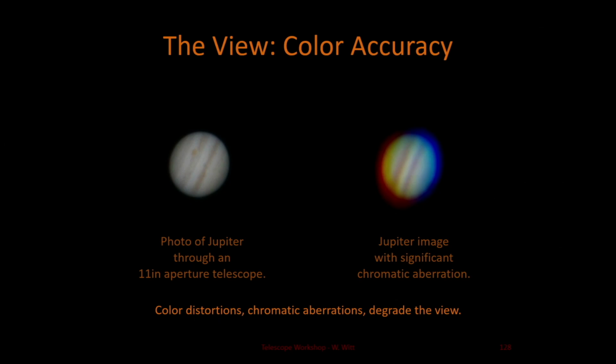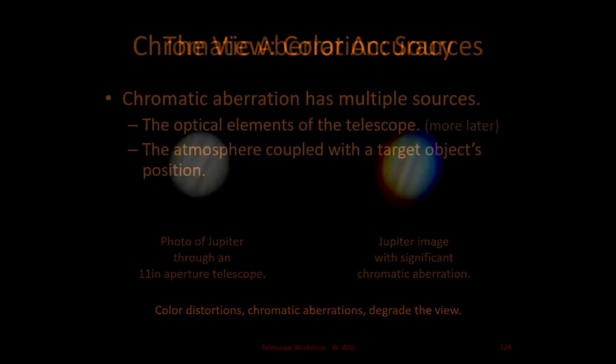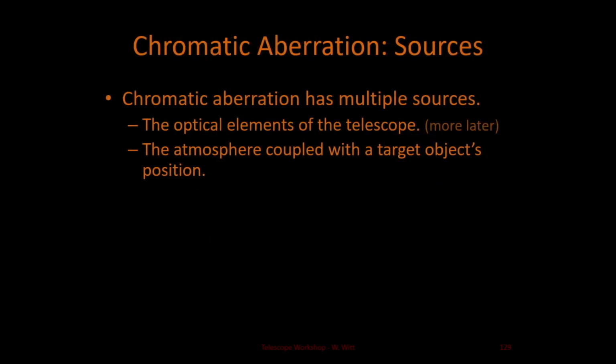So what's happening in this scenario? There are different sources of what we call chromatic aberration, the splitting of white light into that rainbow. One can be the optical elements themselves. The other could be the atmosphere.